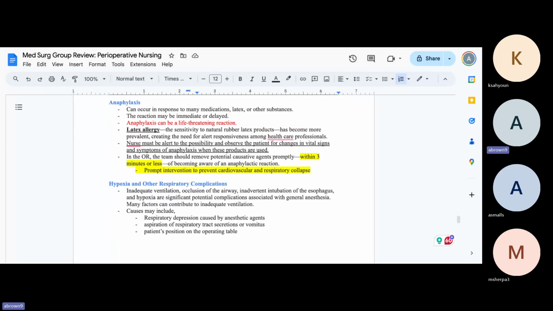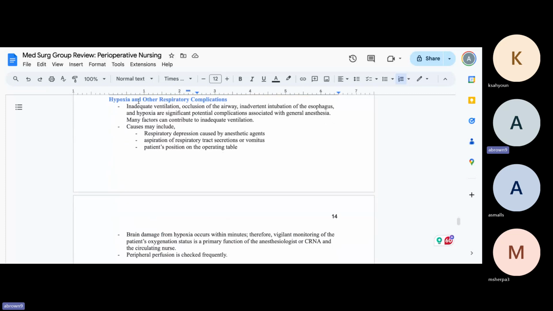Nurses must be alert to the possibility and observe the patient for changes in vital signs and symptoms of anaphylaxis when these products are used. In the OR, the team should remove potential causative agents promptly, within 3 minutes or less of becoming aware of an anaphylactic reaction, so prompt intervention to prevent cardiovascular and respiratory collapse.